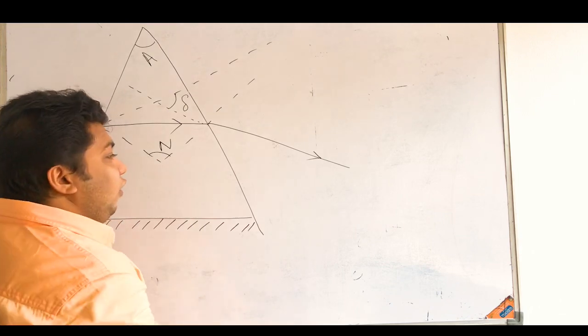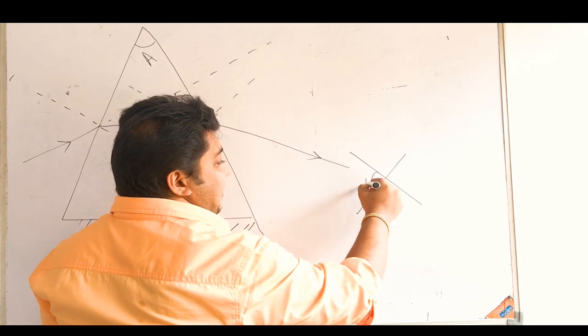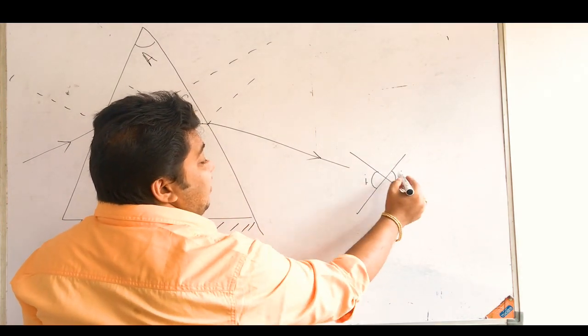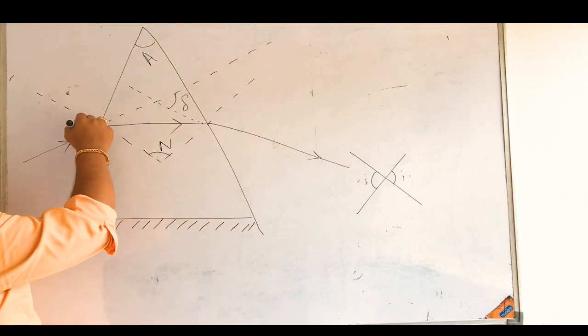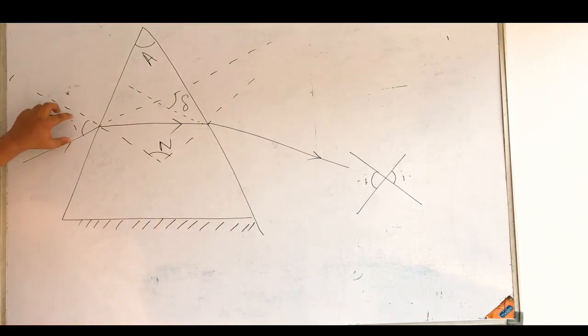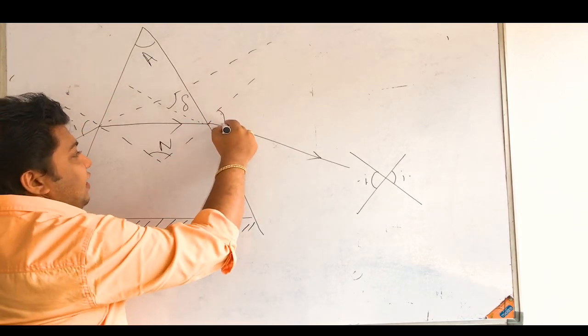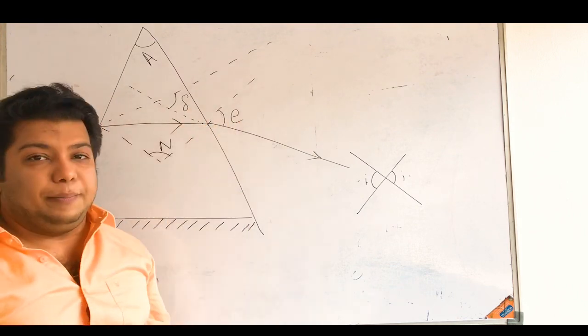We know that if this angle is I, this angle should also be I, because these two angles are always the same. This angle is called the angle of incidence and this angle is called the angle of emergence.